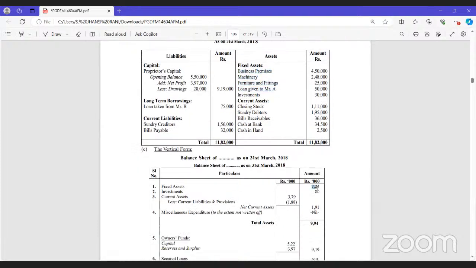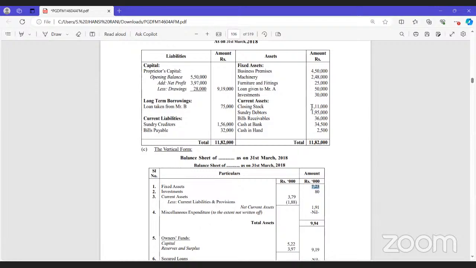This is 7,23,000, 4,50,000, 2,48,000, 25,000 and 50,000. Together 7,23,000. It's added separately, written in a schedule and written over here. Fixed assets are 7,23,000.